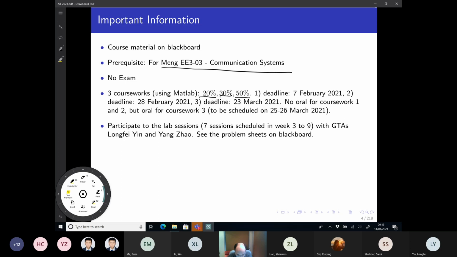There is no oral for coursework 1 and 2, so you just submit a report on Blackboard. But there will be an oral for coursework 3 that will be scheduled on 25th or 26th of March 2021.